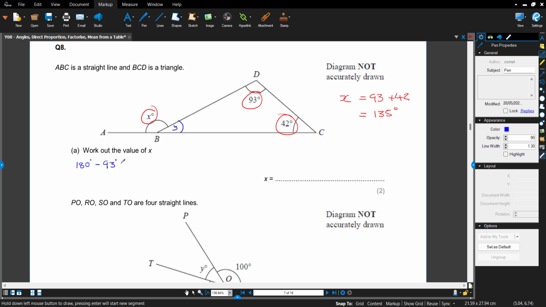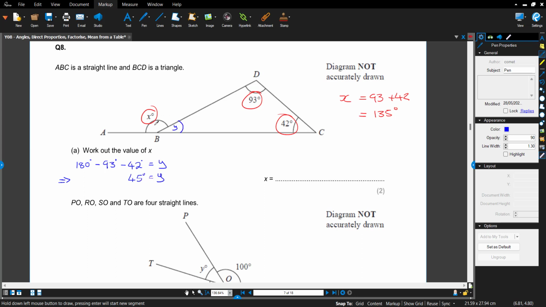I'm just putting in the degrees so you know it's an angle. It just keeps your mind on track. Minus 42 equals y. So 180 minus 93 is 87. Minus 42 is 45 degrees. So y equals 45 degrees.